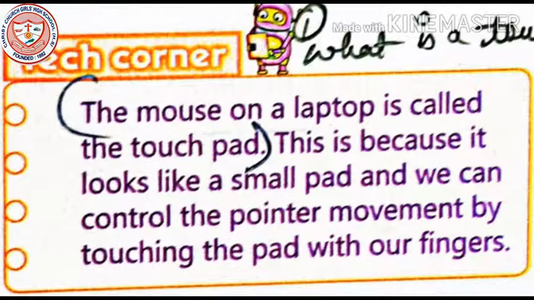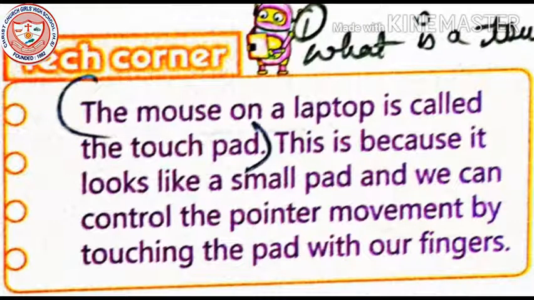Now let's see what the tech corner says. The mouse on a laptop is called a touchpad. Why is it called a touchpad? Because it looks like a small pad, and we can control the pointer movement by touching the pad with our fingers.